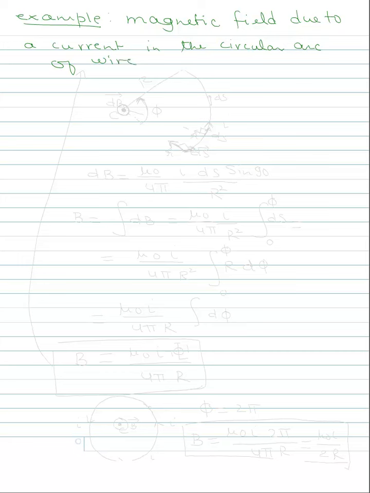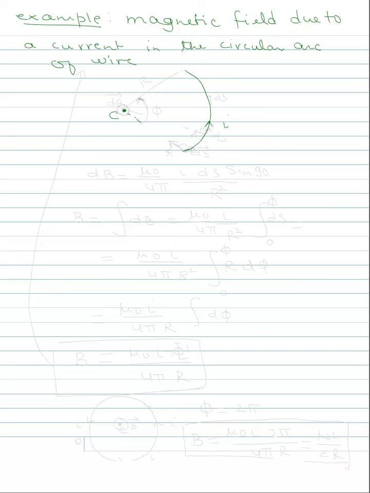Okay, what do I mean by that? Well, let's say that I have a circular arc like this, and here is the center of the circle, C, and the current in this arc is flowing like this, and it's a constant current I, and we have to find the magnetic field at the center over here.